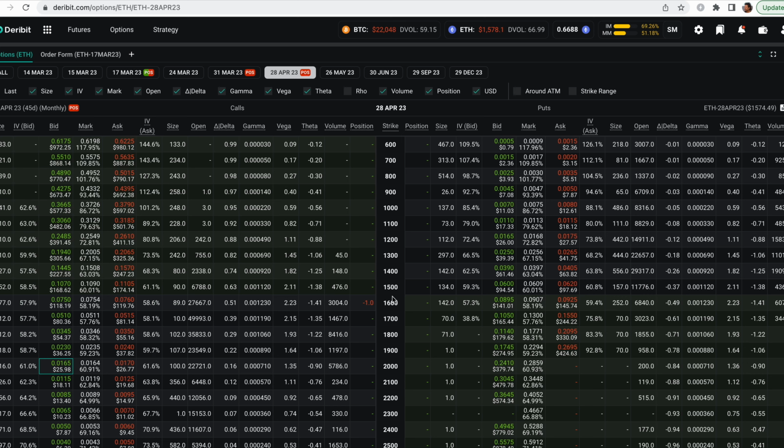We choose either calls or puts. Then we choose the strike price based on the date, and it depends on our goals, what we're looking to achieve. We choose the strike price accordingly.